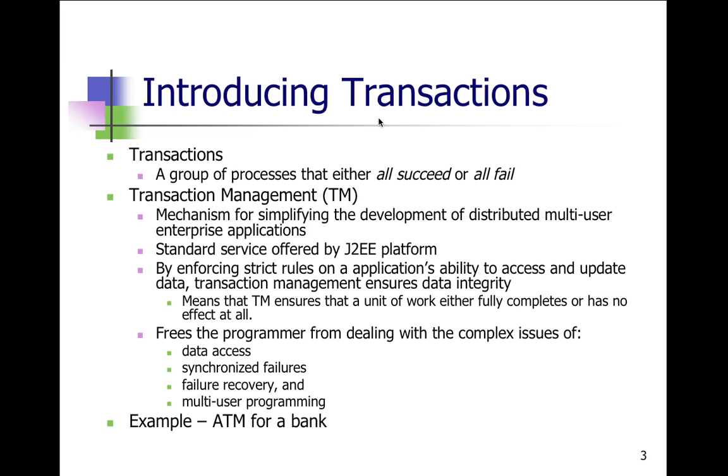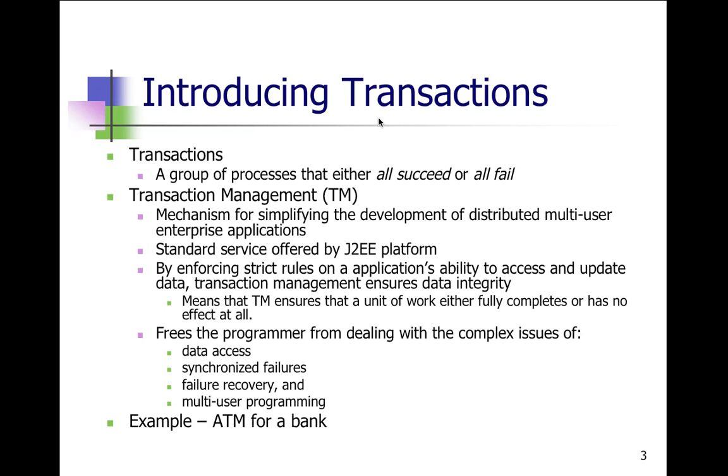Wouldn't it be nice if the transaction rolled back after it detected an error, and said, well, the customer didn't get their money, so let's reverse the task that withdrew it from the account and put it back. Well, that's what transaction management is supposed to be doing.